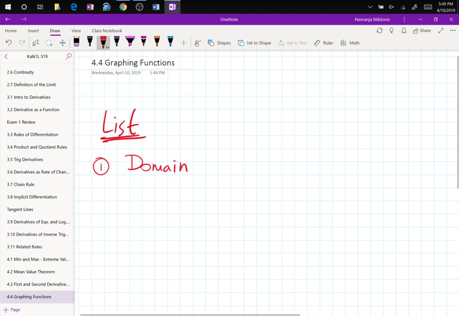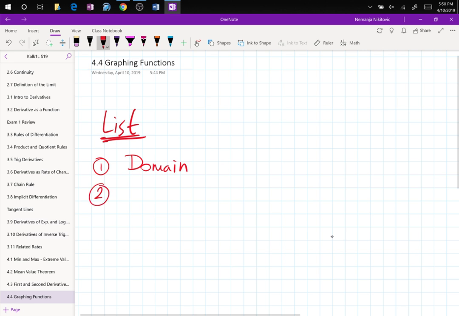We must know the domain, because you are not going to waste time working your first derivative test in a region that doesn't exist, right? So we need to know the domain. Range, we don't need to know, so we can skip over that one.